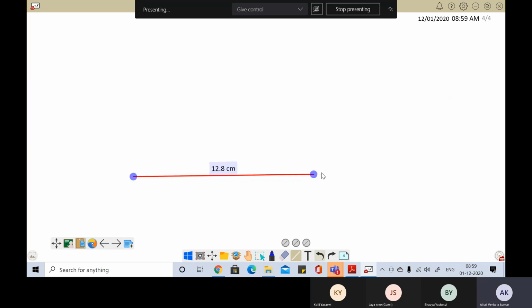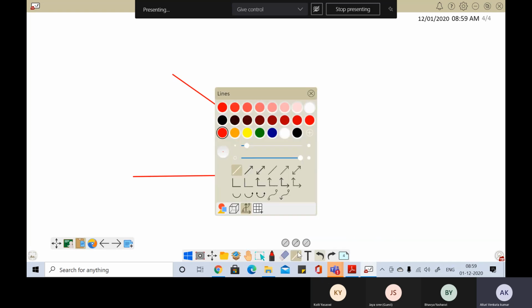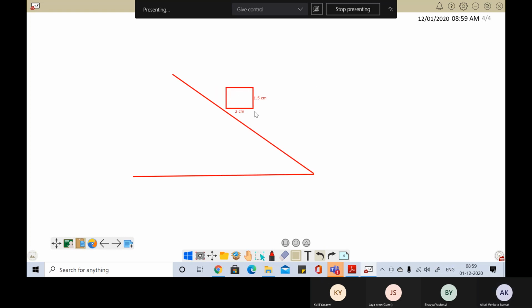This is the ground. Now this is the plank. Now a box is placed on the plank, correct or not? Like this. Now tell me, first of all, let us say this angle is some theta.